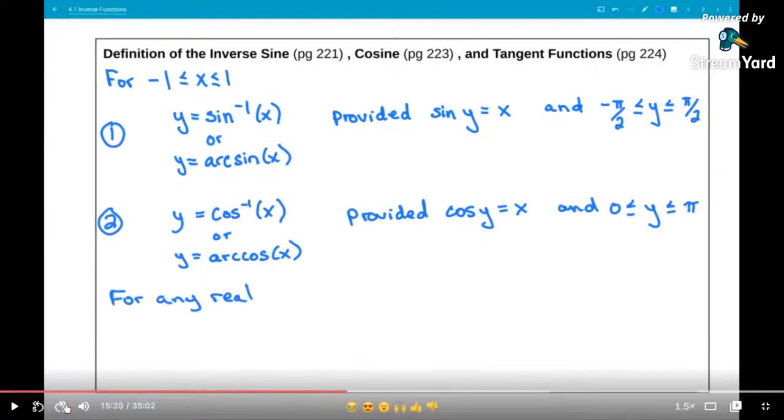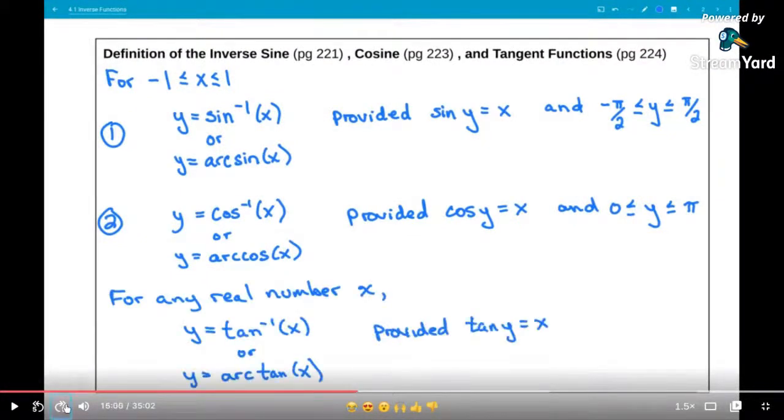For tangent, you're returning a value similar to sine, between negative pi over 2 and pi over 2. Okay. And the same argument is made there. It has to do with restricting the domain in order to have an inverse function, a one-to-one function.